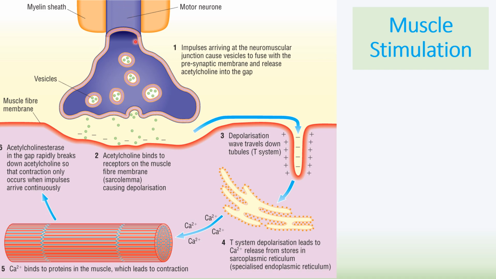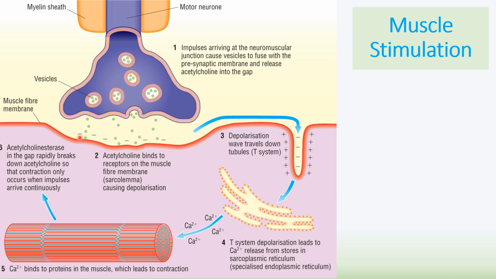So the action potential travels down the end of the motor neuron. The action potential causes vesicles to fuse with the presynaptic membrane, and that causes the neurotransmitter, which is acetylcholine, still same as in a cholinergic synapse, to diffuse across the synapse. On this side, however, instead of another neuron, we now have the muscle fiber membrane, or the sarcolemma.